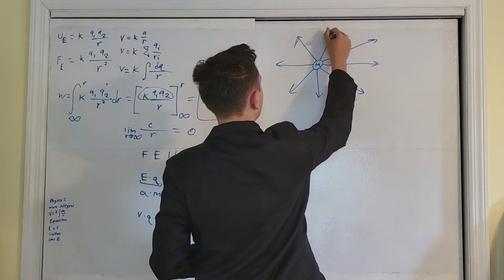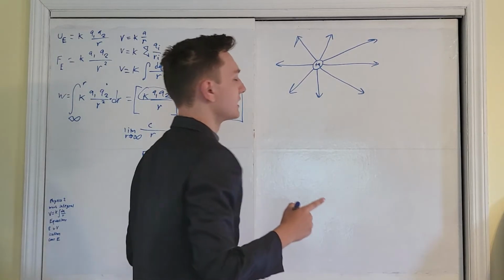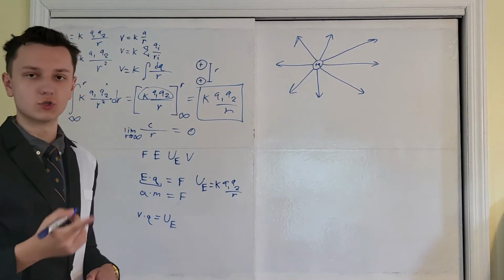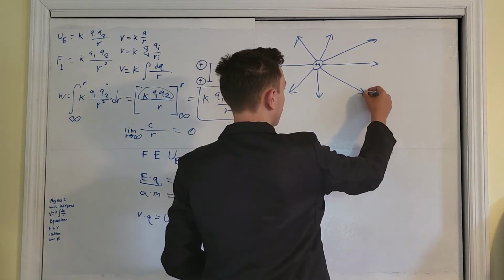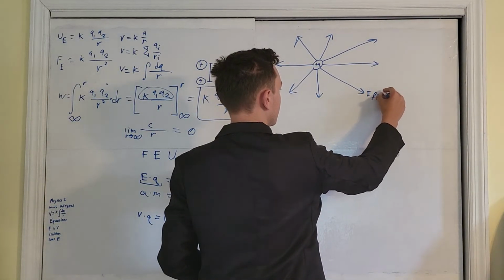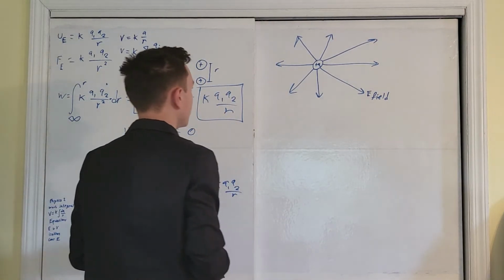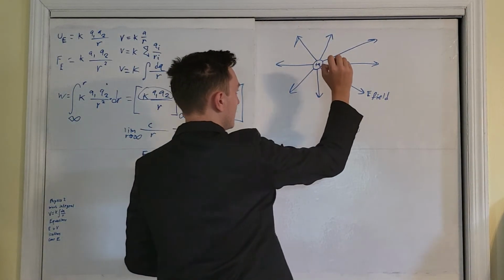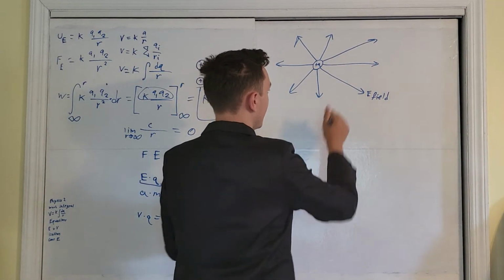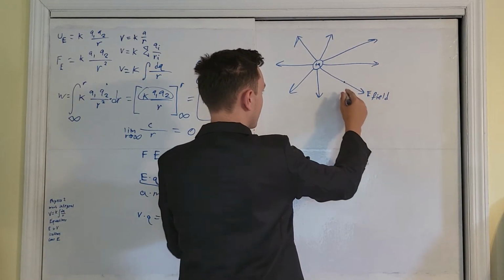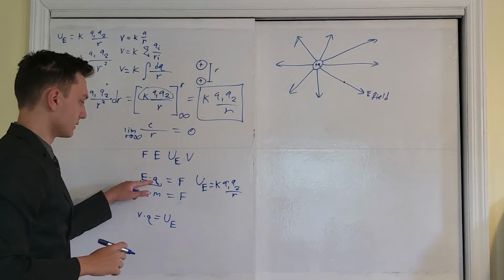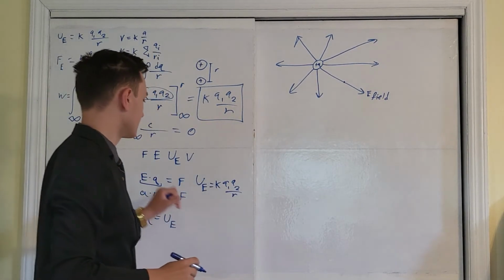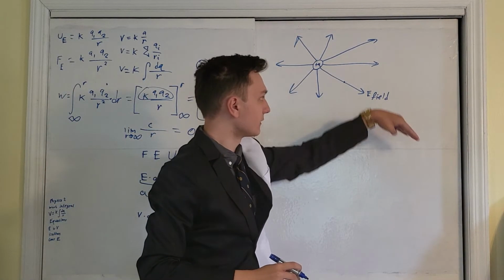So your vector lines will always be drawn in the direction that a positive charge would move or drift or accelerate. These lines represent our electric field. Meaning if I were to drop a positive point charge at this point, I would calculate the electric field at that point, multiply it by the charge that I dropped there, and that would be the electric force felt by the charge.